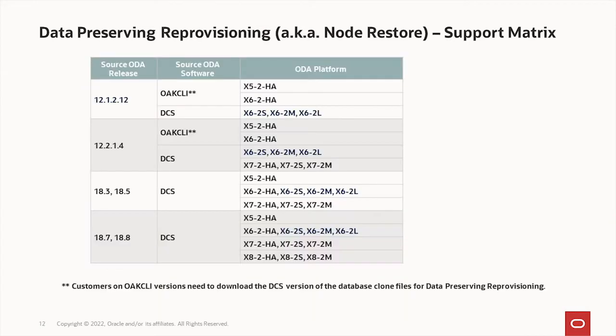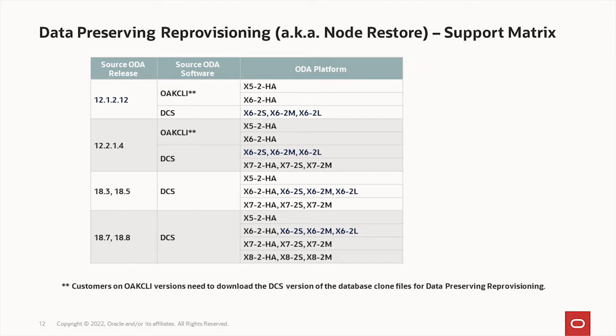Yes. So this is just to summarize the different hardware platforms. One thing to keep in mind is that in some of the older platforms, we support the first generation software stack called Oak CLI. When you upgrade from that, typically in a virtualized OVM environment, you will need to use the DCS version, the newer version of the clone database files, which will create new database homes when you do the no restore upgrade.